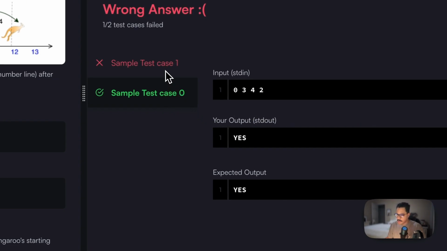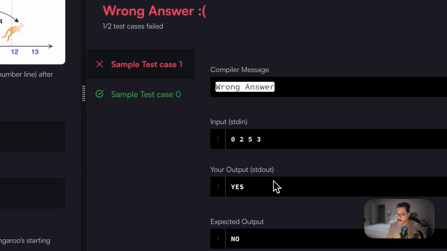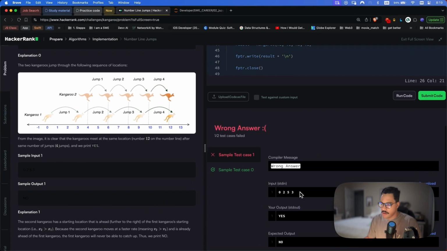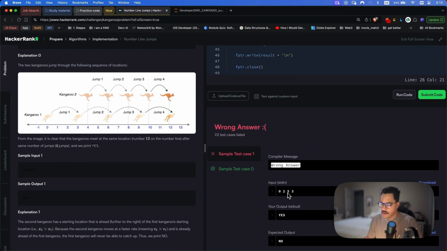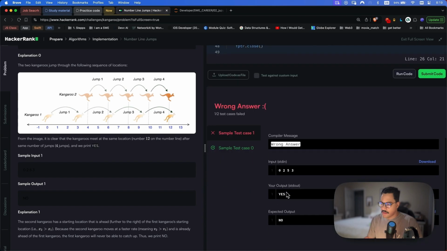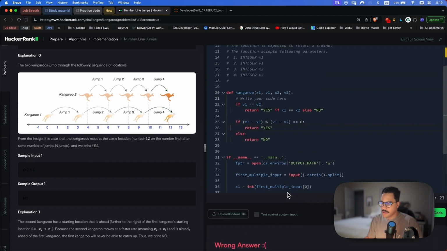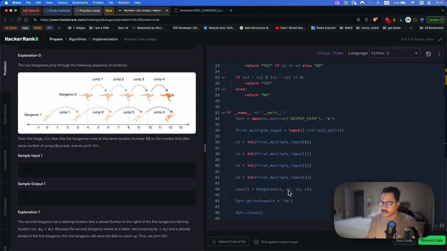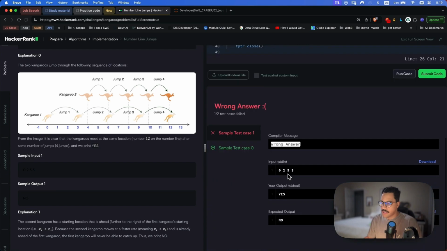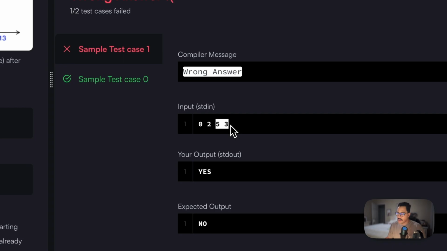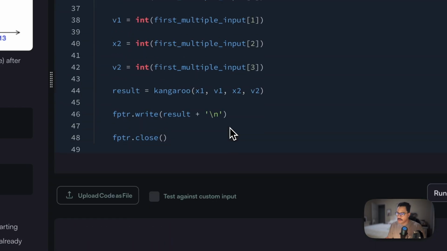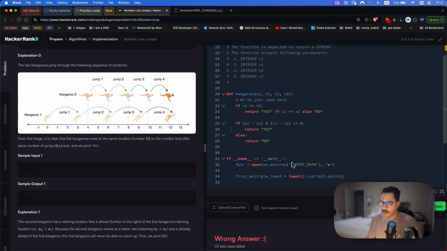I got this example, right? Because that's the one I used for the second one. So I'm saying yes. I'm saying that they meet, even though this guy is way ahead and way faster.